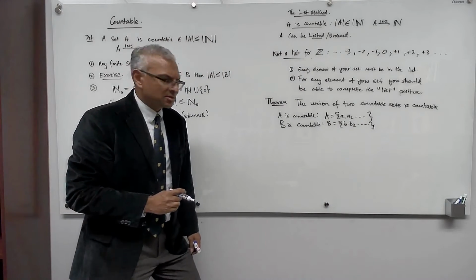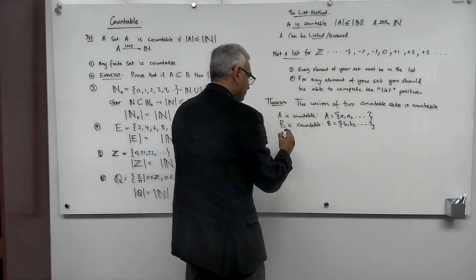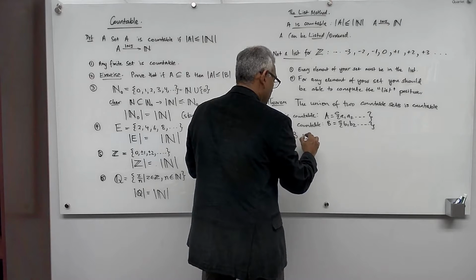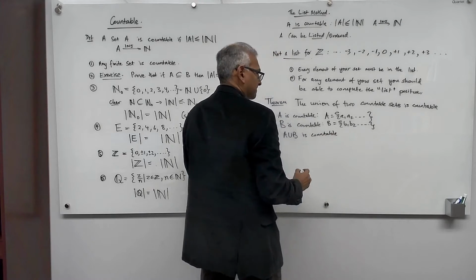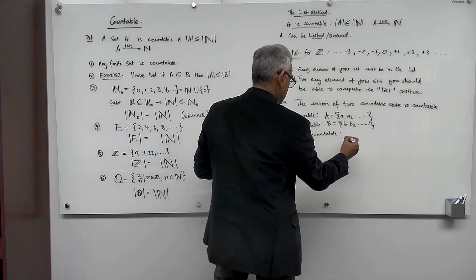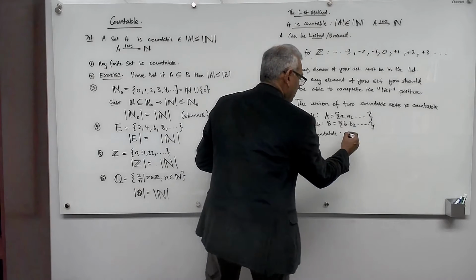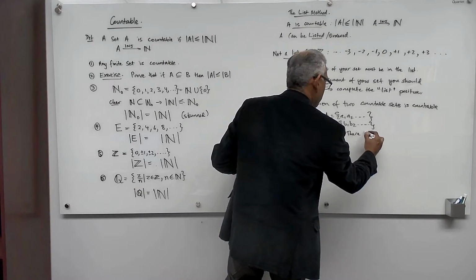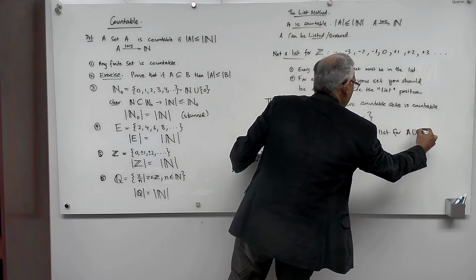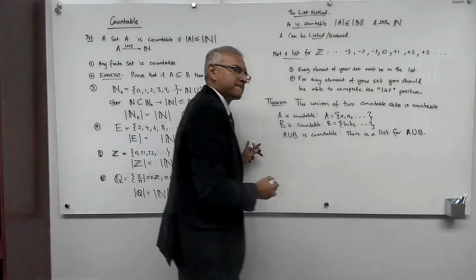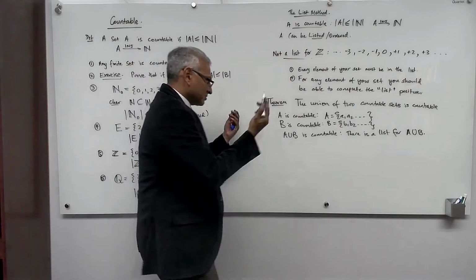This means that the union A union B is countable, that is, there's a list for A union B. Proof. Let's give you the list. Trivial.